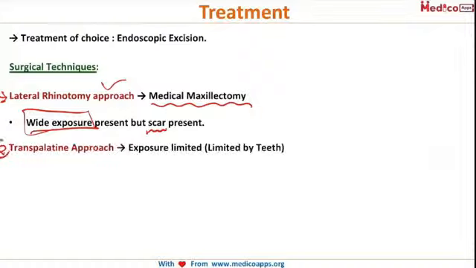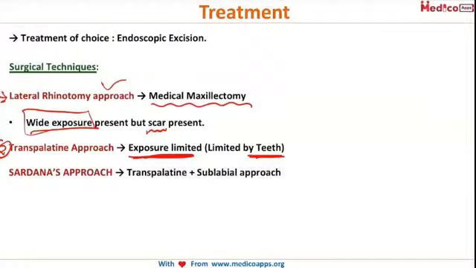The second approach is the transpalatine approach. The limitation is that we have a limited exposure because the teeth are present in between. So this gives a limited exposure to the tumor. That is the drawback of the transpalatine approach.